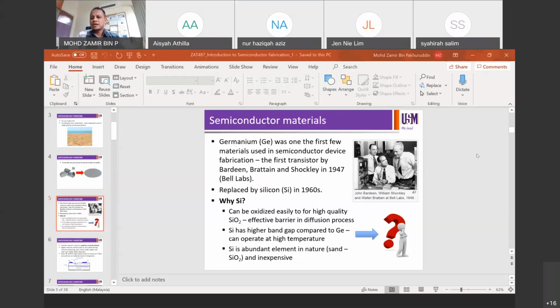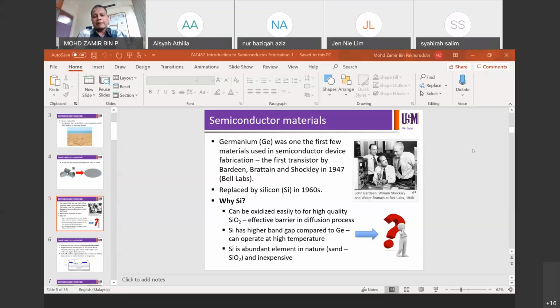Anyone? Okay, 1.1, right? 1.12, close. Thank you, Ilham. So 1.12 electron volts. What's the band gap for germanium? On the lower side. Yes, germanium is 0.7, close. Thank you, Farah. So it's 1.1 versus 0.7.